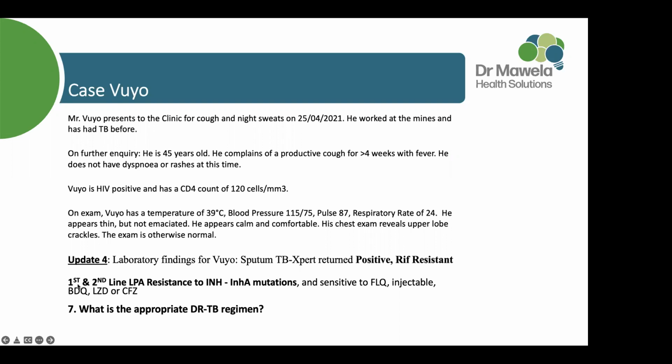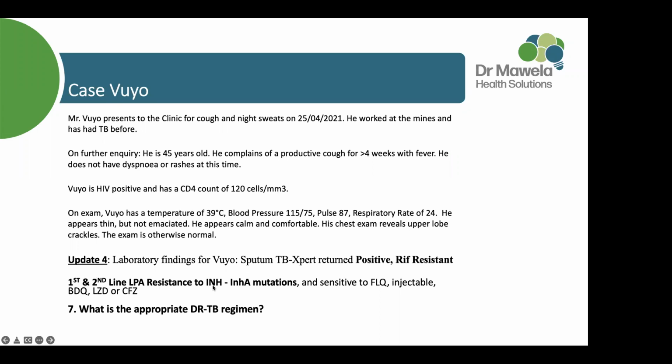Now we have the results. Now I want to see if you were following. So here's the first and second line LPA results, right? We've got only one INH mutation, the inhA mutation, the sensitivity to fluoroquinolones and injectables, and all the second line.